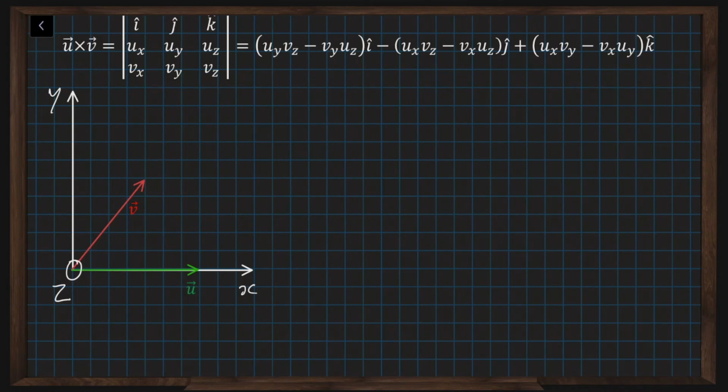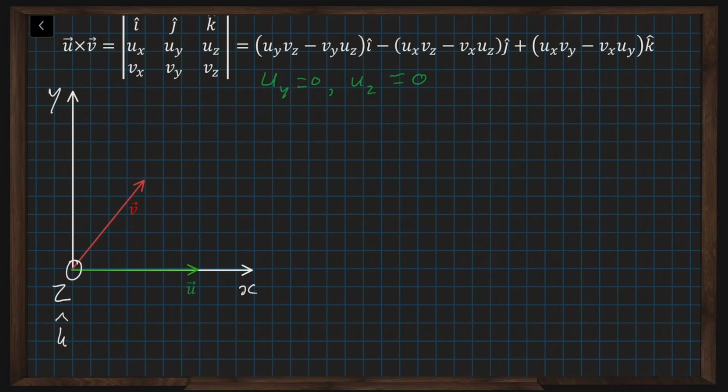The unit vector associated with z is k hat, and that is this one here. Now for simplicity, we will define u such that uy is 0 and uz is also equal to 0. So u purely lies along the x-axis.